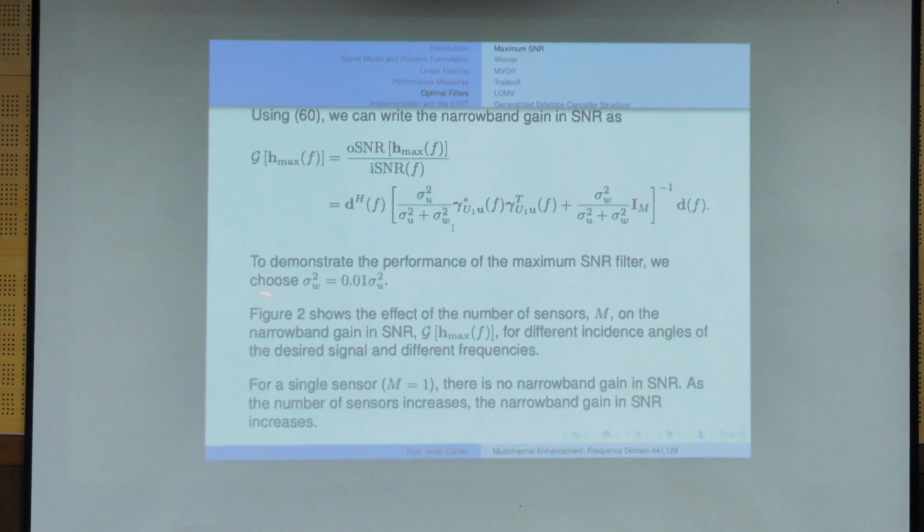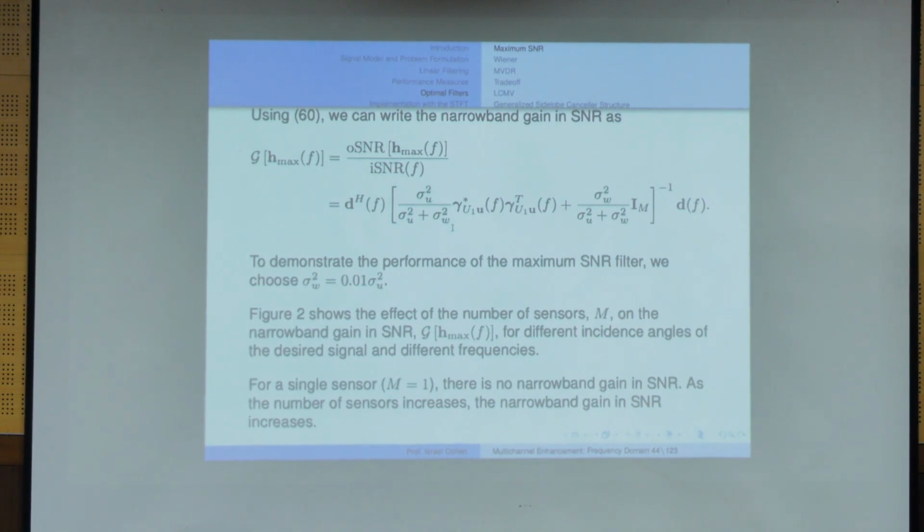So in this example, I assume that the variance, or the power, of the thermal noise is 1% of the directional noise. So the directional noise is much more significant compared to the thermal noise.